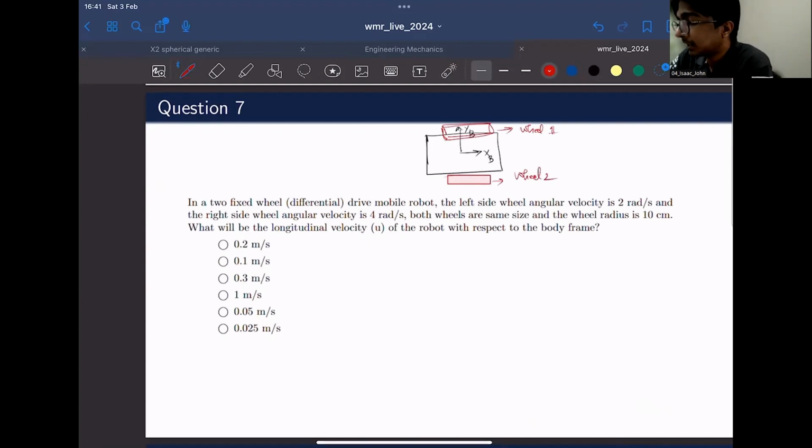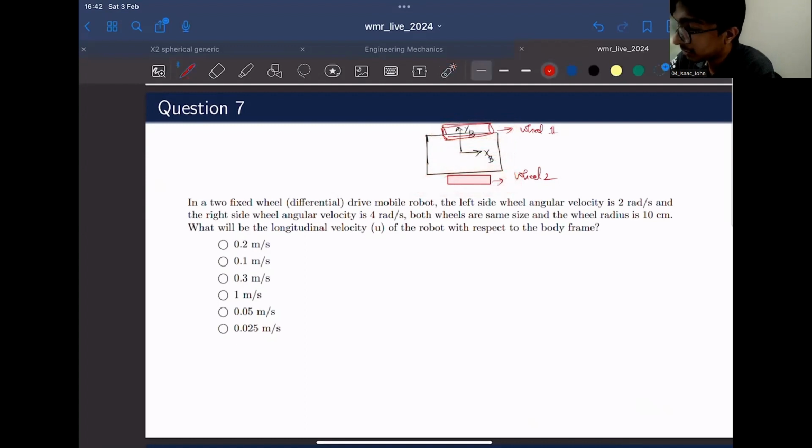So what is the data given in the question? It says the left side wheel angular velocity is 2 radians per second. As per our convention, if this is the chassis and this is the x-axis, this will be the left-hand side wheel and this will be the right-hand side wheel.